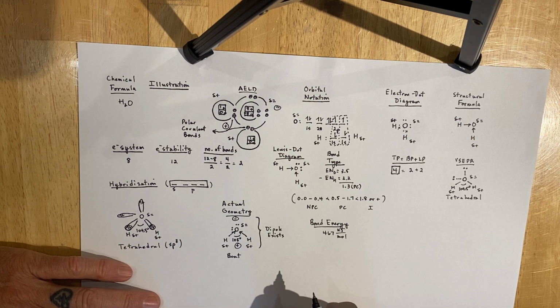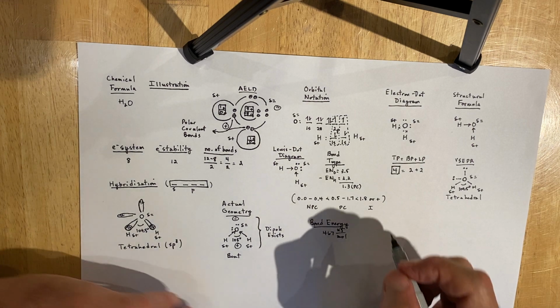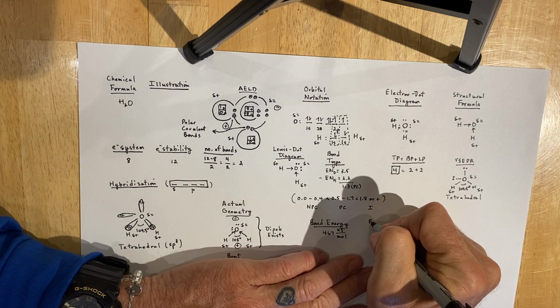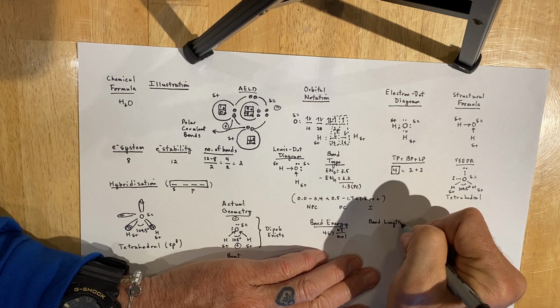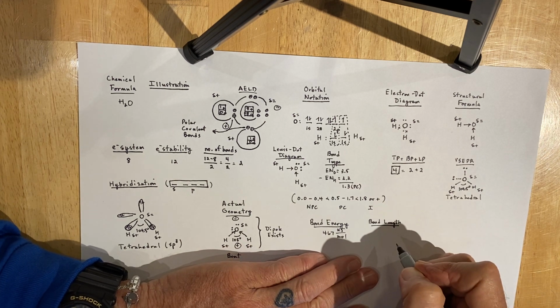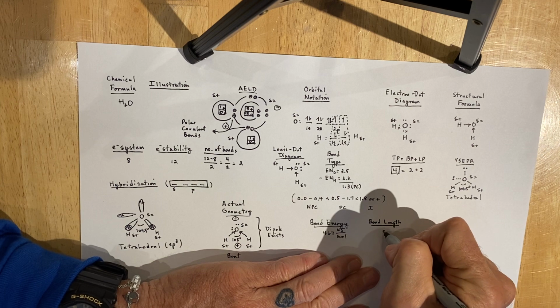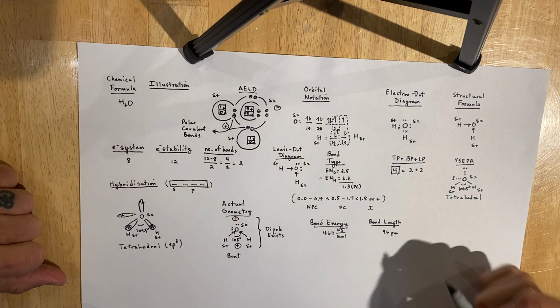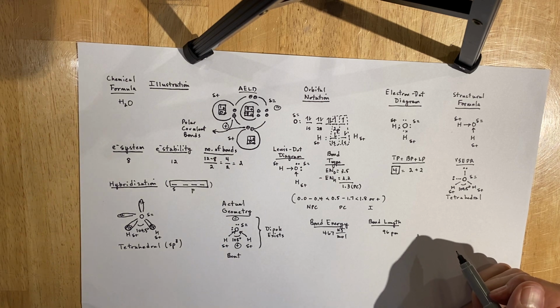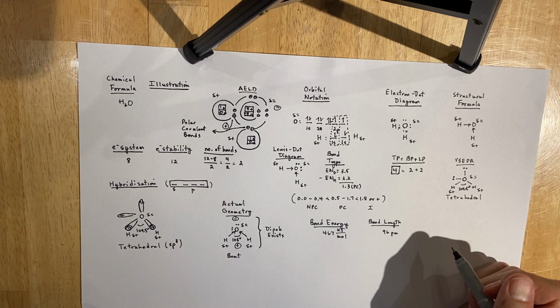And that being said, the bond length for the oxygen-hydrogen bond is 96 picometers, all right? And we'll talk a little bit more about the significance of bond energy and bond length.